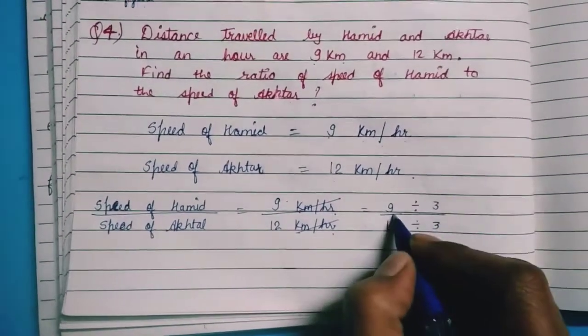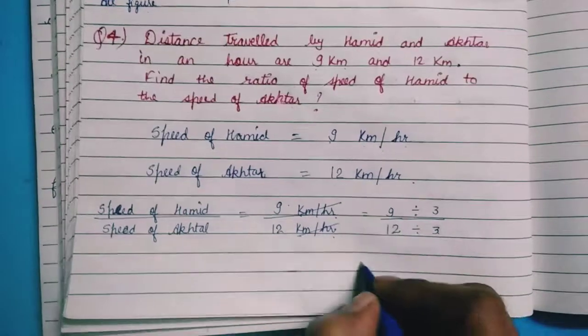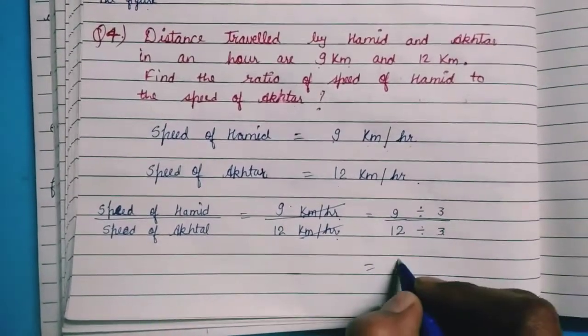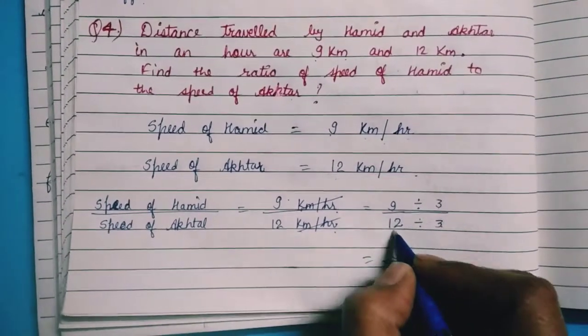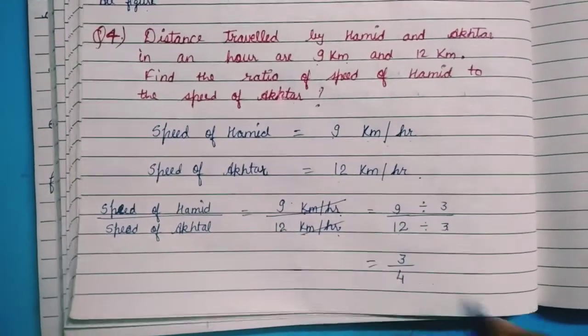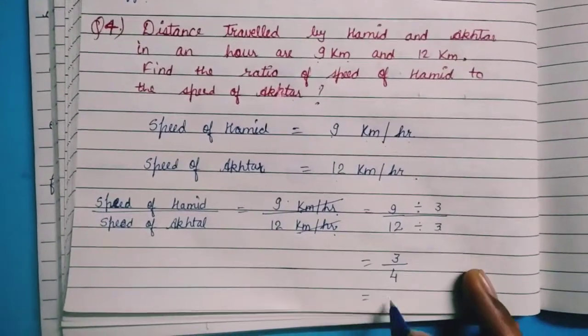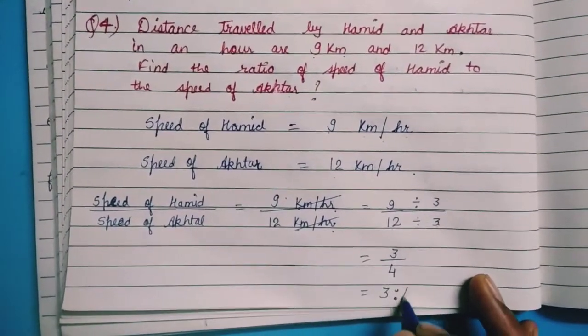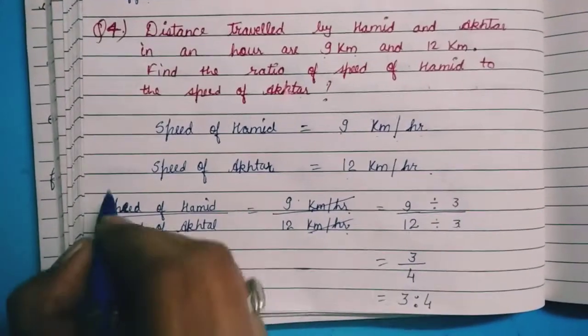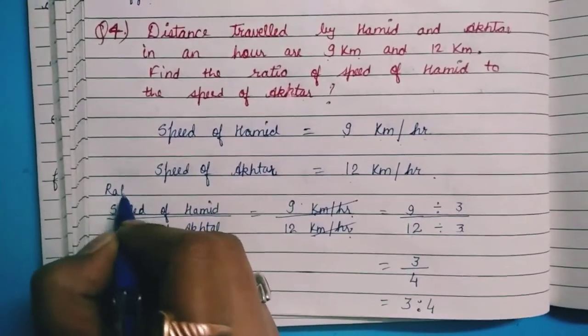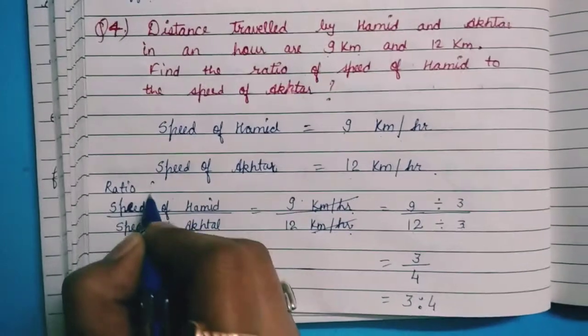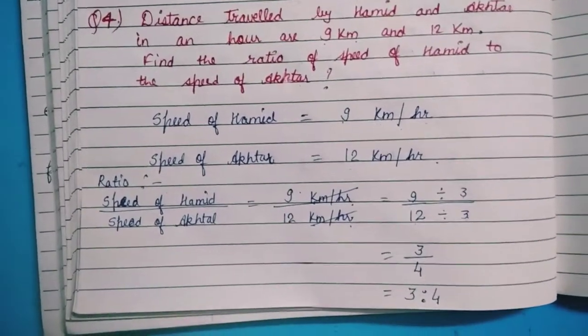That's why we are dividing them by 3. When 9 is divided by 3, it gives us 3, and when 12 is divided by 3, it gives us 4. So the ratio is 3:4 of the speed of Hamid with respect to the speed of Akhtar.